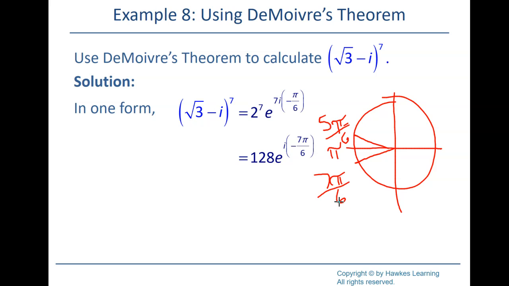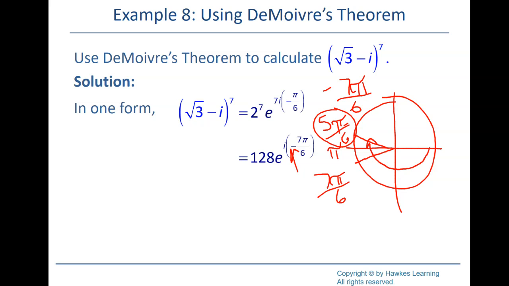But if we're going back the other way because of the negative, that means we're coming in this direction. This would be negative 7 pi over 6. It would be the same place as 5 pi over 6. So when that's the case, again, it's easiest in simplest form if we reduce the amount of negatives.